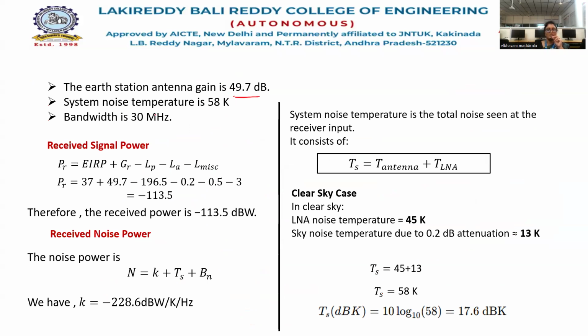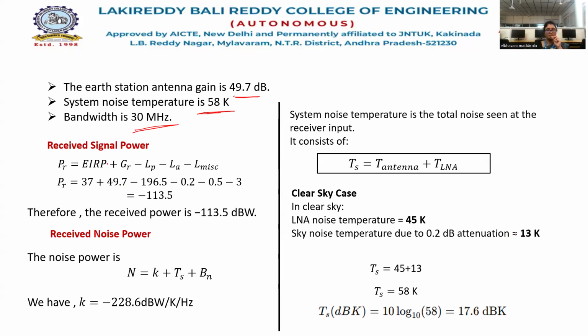The system noise temperature we are considering is 58 Kelvin and the system bandwidth is 30 megahertz. These are the predefined parameters for a C-band satellite downlink.